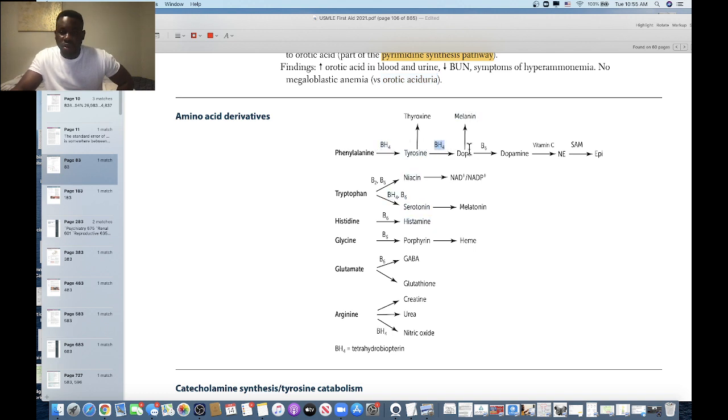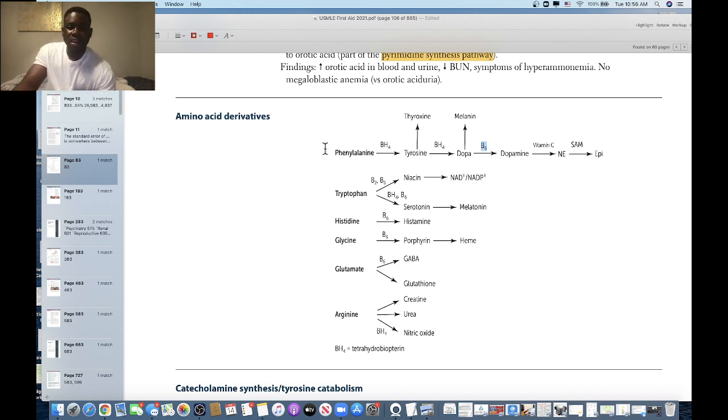The BH4, B6, vitamin C. This vitamin C, gosh, this one here, this is the one that beats me. Should have known better. Okay, now phenylalanine, because it came in my exam, and I didn't get it correct. It hurt my feelings up to today.